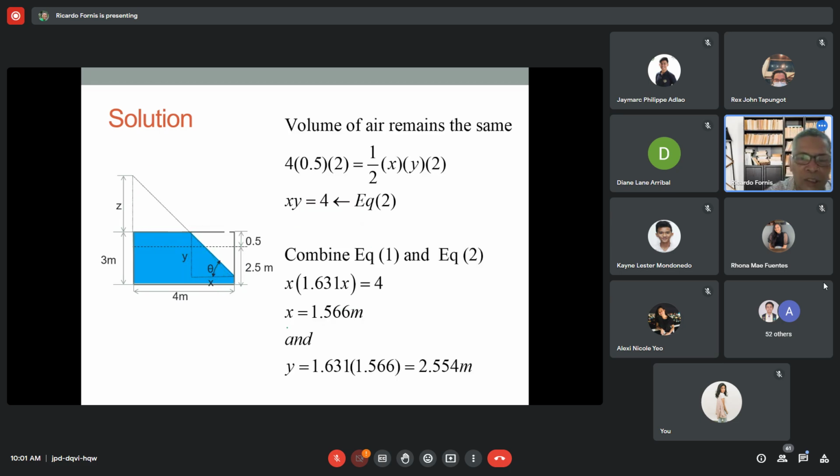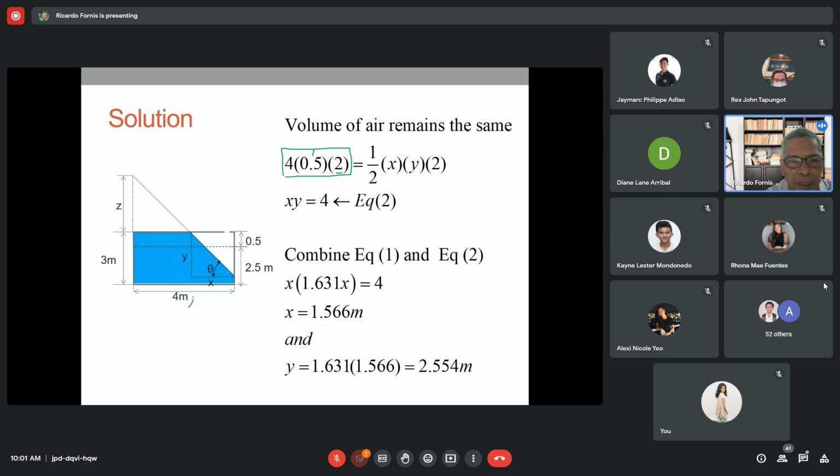Next, the volume of air remains the same. If you consider the original, before the tank is accelerated, the volume empty, meaning the volume of air, is 4 times the thickness, multiplied by the width. 4 is the length.